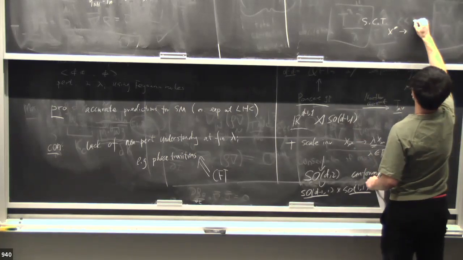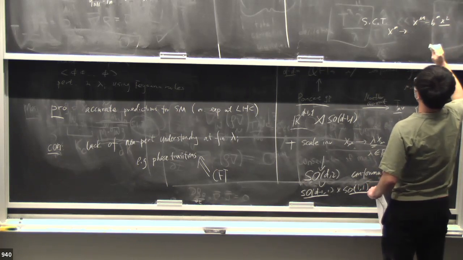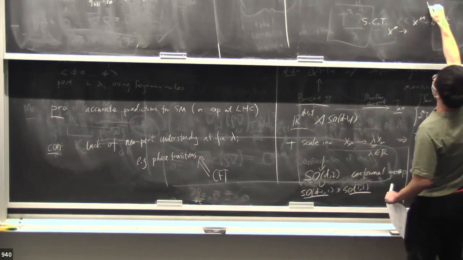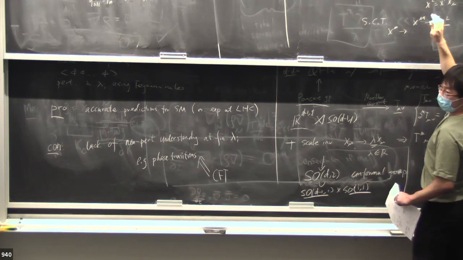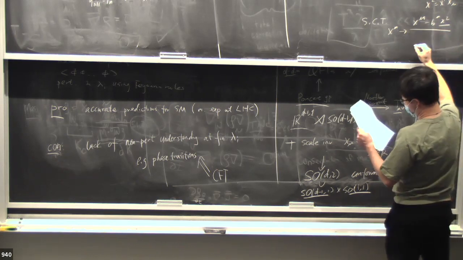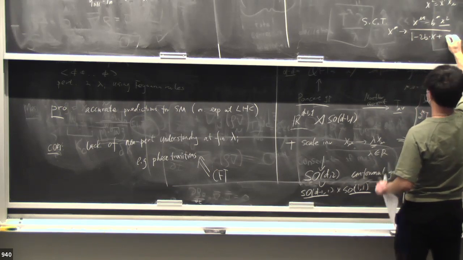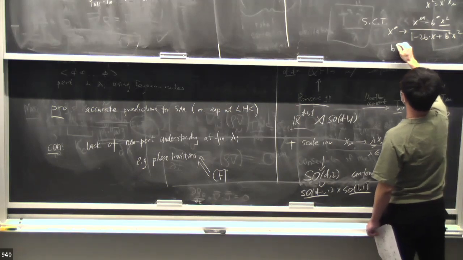to the following. By x squared, this is the usual high energy notation, I really mean the Einstein convention, when x is contracted with itself, minus 1 plus b dot x plus x squared. And here b is a constant vector.